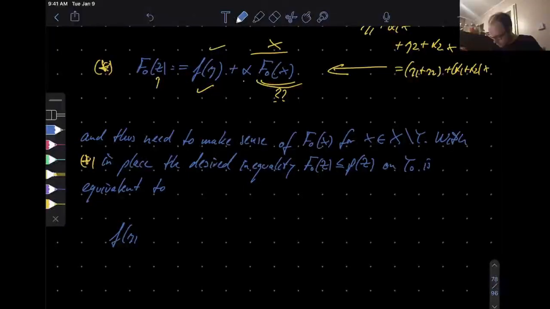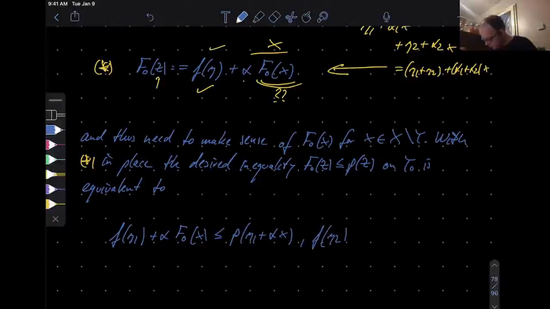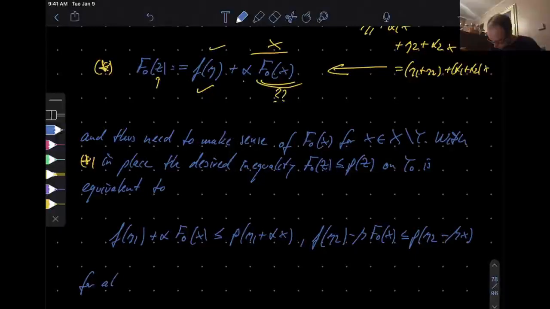So f(y1) plus alpha f0(x) less than or equal p(y1 plus alpha x). I will tell you y2 inequalities. f(y2) minus beta f0(x) less than or equal p(y2 minus beta x), and this is for all y1, y2 in y and alpha, beta positive.